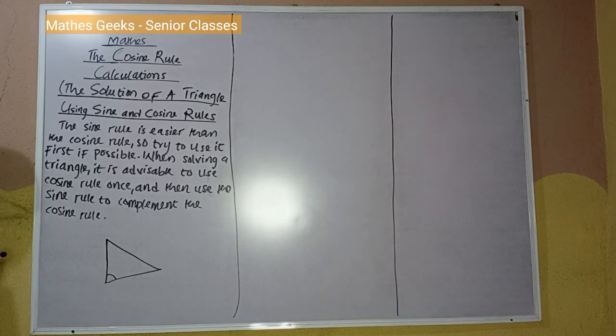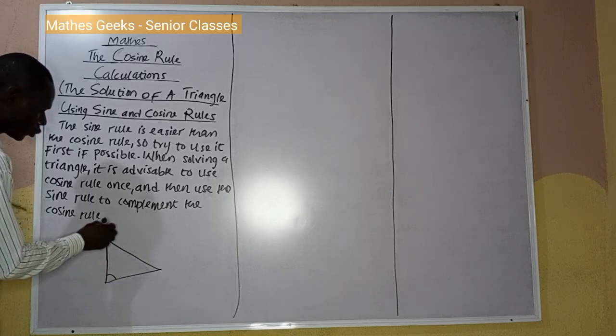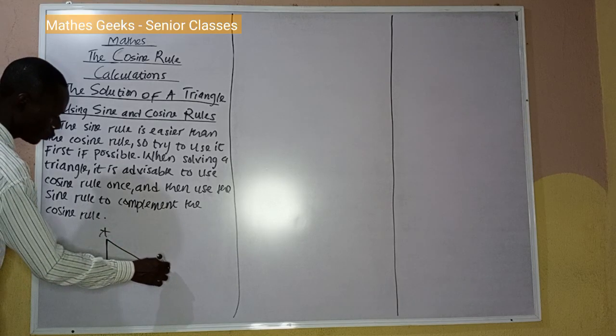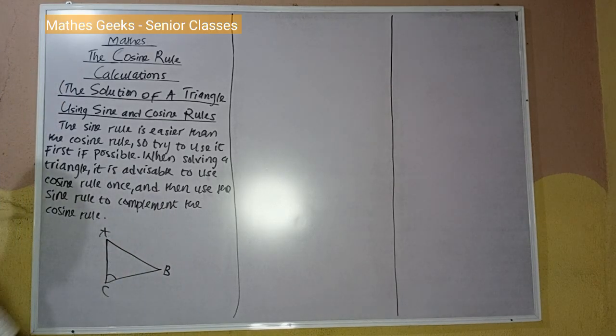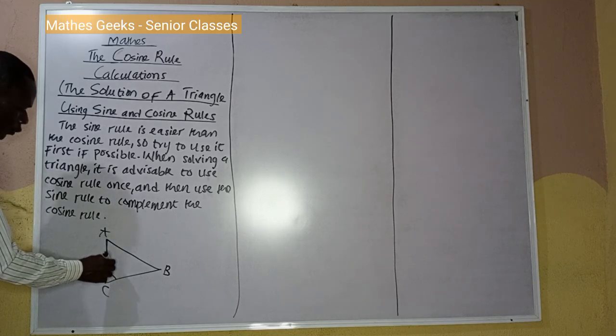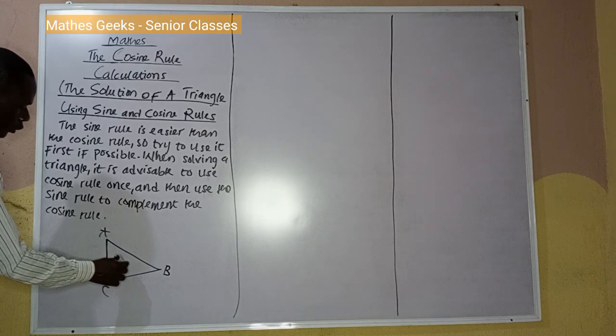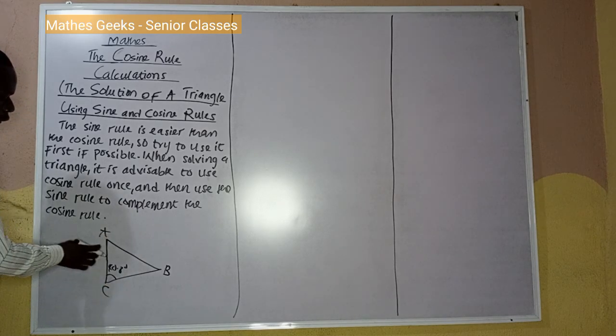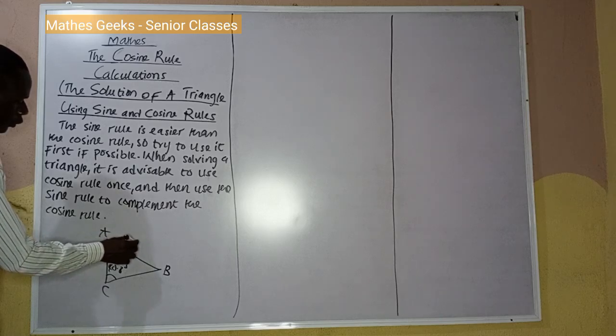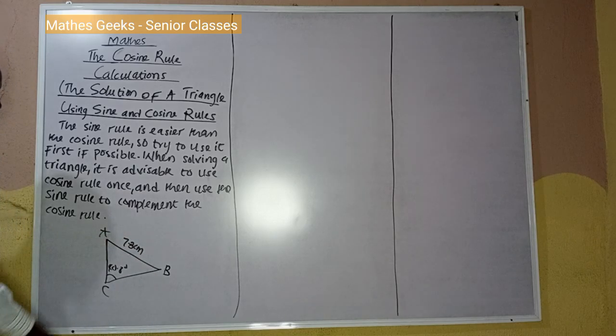When given a triangle such as the triangle drawn on the board, A, B, C, and we have here to be 40.8 degrees, and we have here to be 7.3 centimeters.